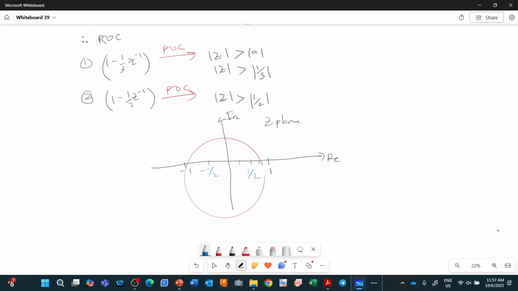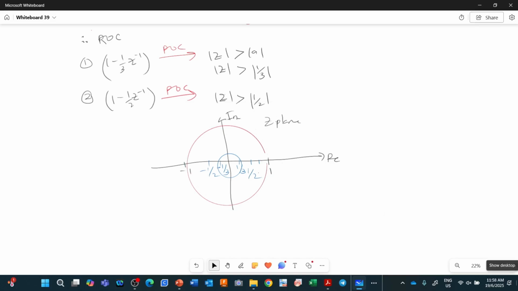1 over 3, minus 1 over 3. Let's draw the first one. The first ROC is z more than 1 over 3. So you imagine that you're going to draw 1 over 3 here, a circle.